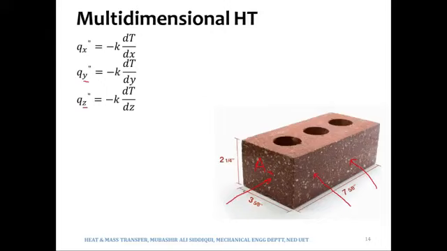Ax is in fact the length in y multiplied by the length in z. Similarly, this area would be Ay, and Ay does not have the y length in it, because Ay is the product of the length in x and the length in z.